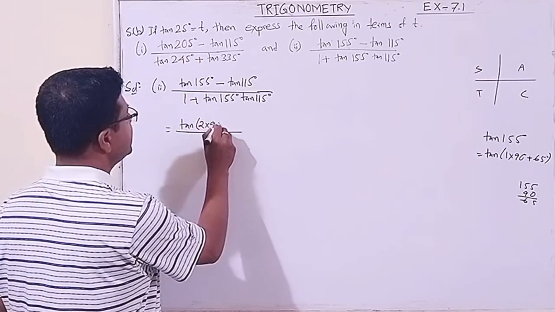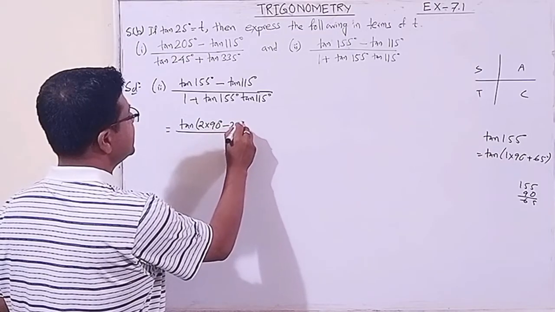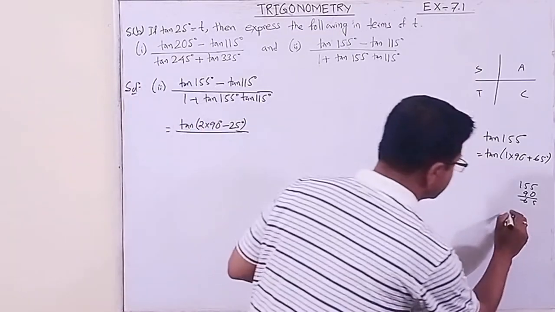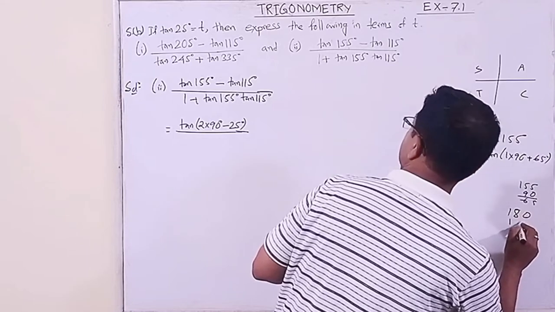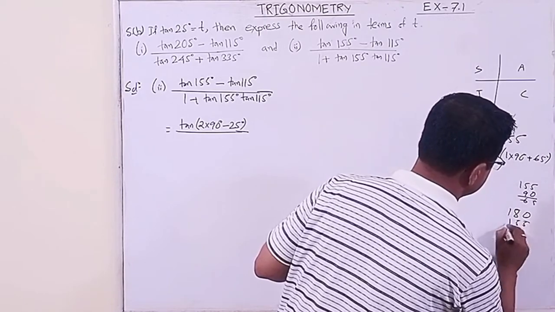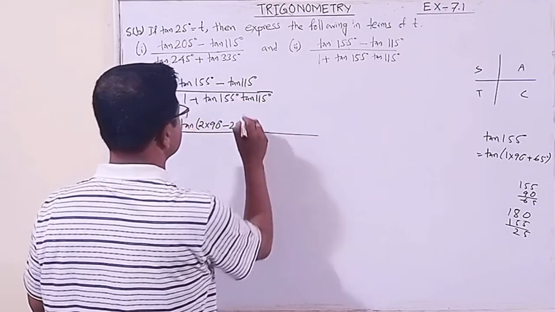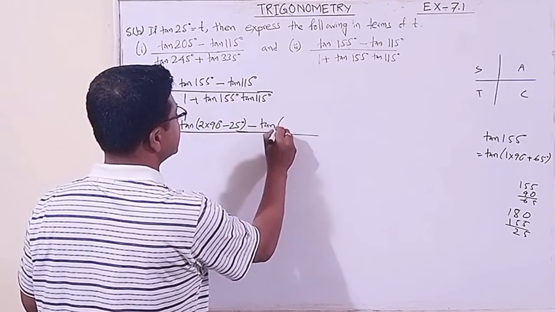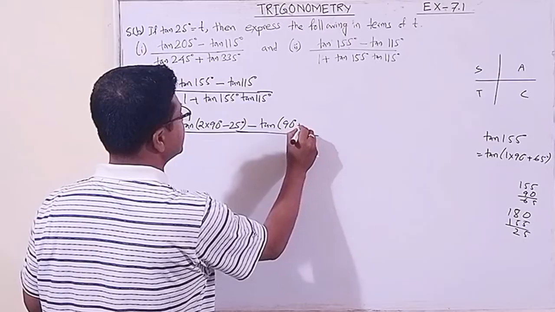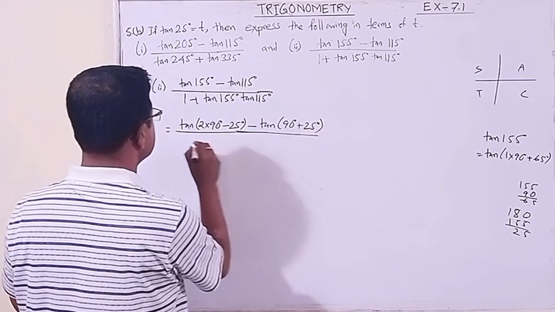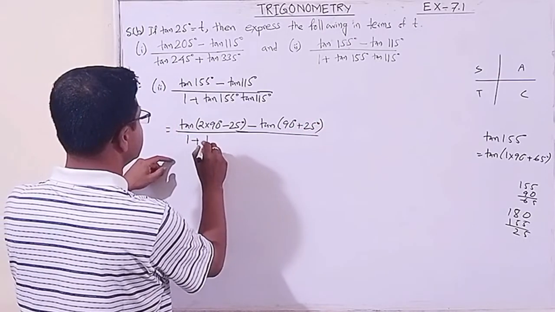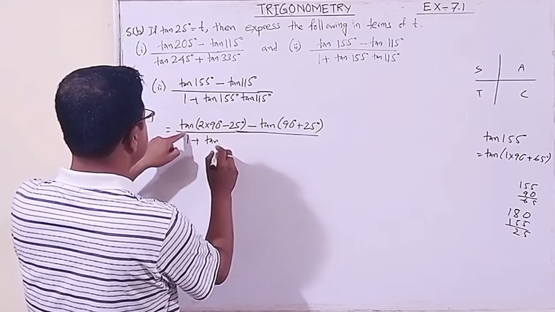2 into 90 is 180. 180 minus 25 is how much? Let us see, I'll show you. It is 155 degree. Then for cot, this is 90 plus 25 degree. 155 we have already done.